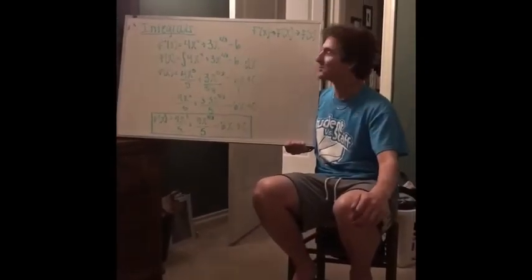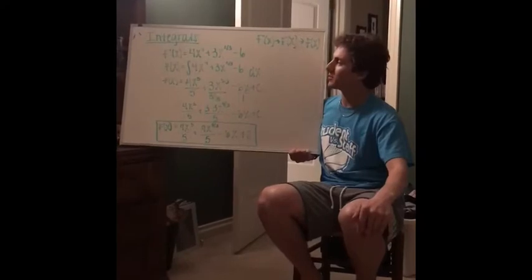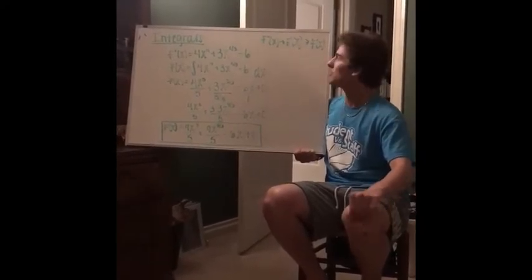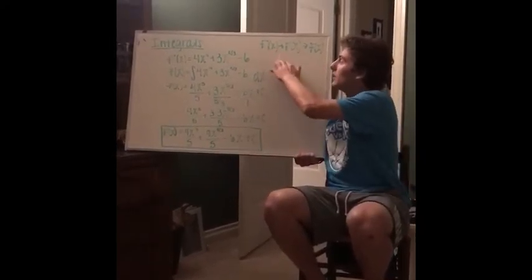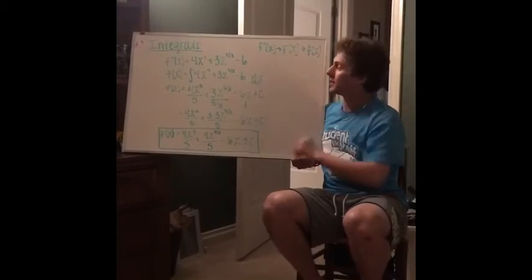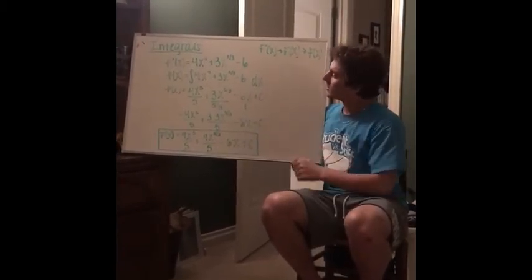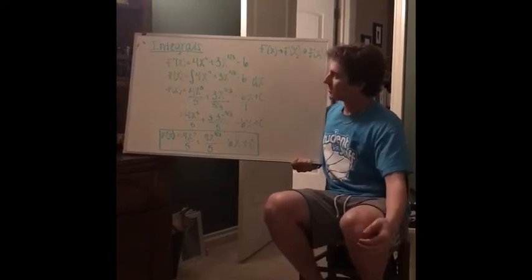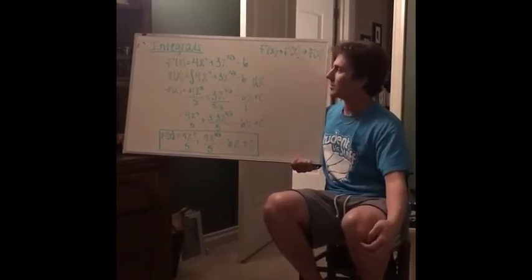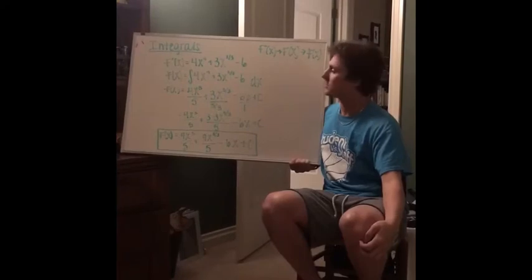Now, here's an example. Okay, here we're working with integrals, and with integrals you're working backwards from derivatives. So we'd be going from f double prime to f prime to f of x, and here we're going from f prime of x to f of x. So the equation is f prime of x equals 4x to the 4th plus 3x to the 2/3 minus 6.